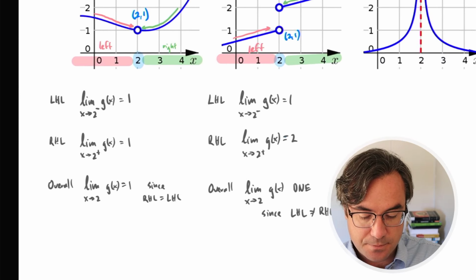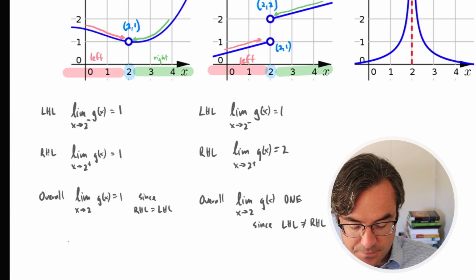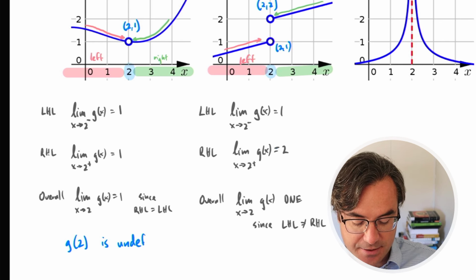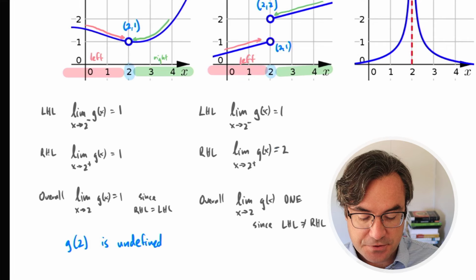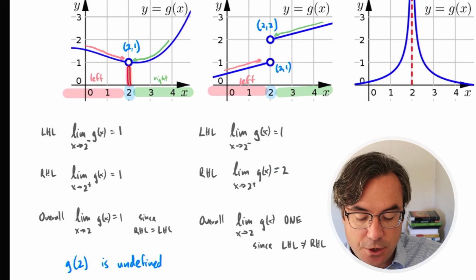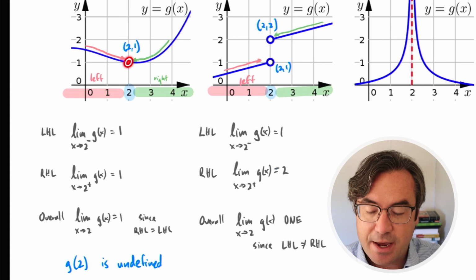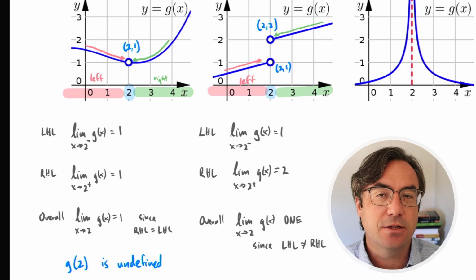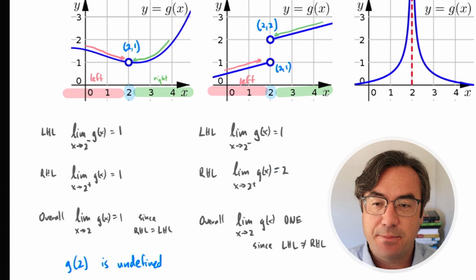So for the first one, it's worth mentioning that g of 2 is actually undefined. When we look at this first graph, if we're looking at x equals 2, there's no actual filled in point along our curve there. The only point that we have is not actually included on our graph. So that means our function is undefined at that point.